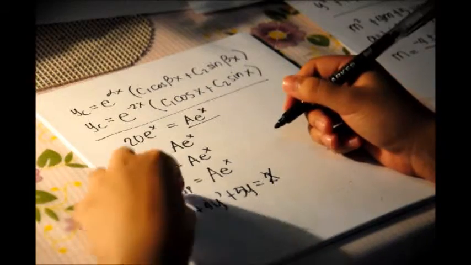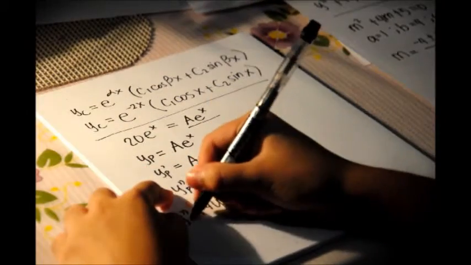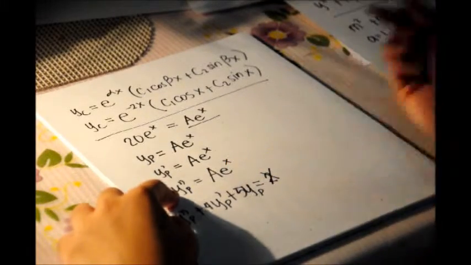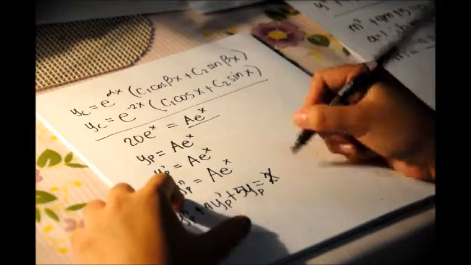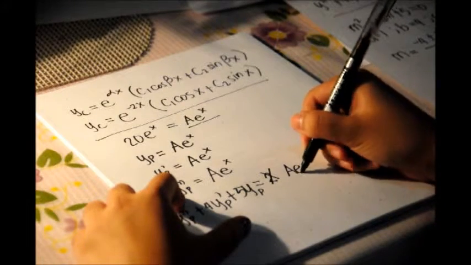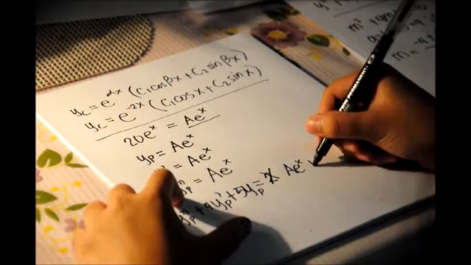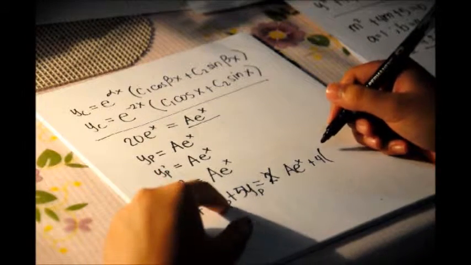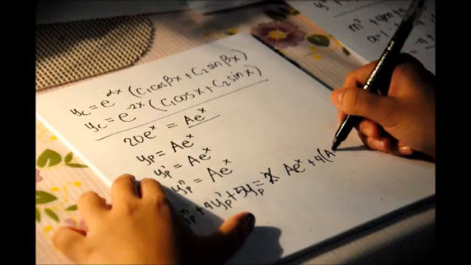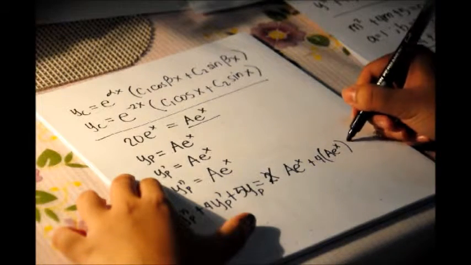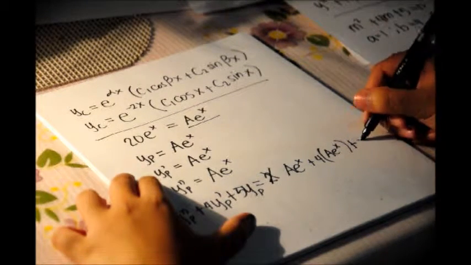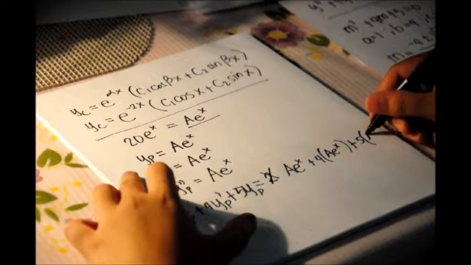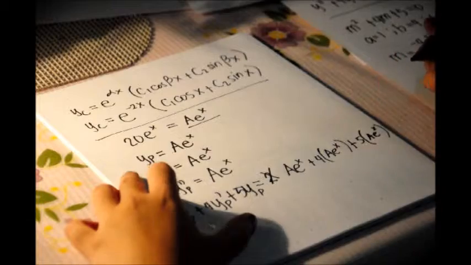Yt double prime is a e to the x, plus 4 times yt prime, which is still a e to the x, plus 5 times yt, which is still a e to the x.